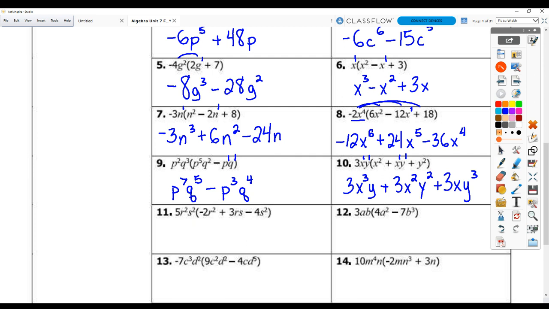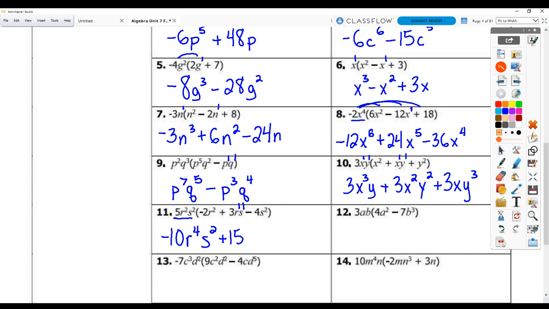All right, 5 times negative 2 is negative 10. R squared times r squared is r to the 4th. S squared has nobody to multiply to, so we just carry him over as s squared. 5 times 3 is 15. This r has an invisible 1 exponent. This s has an invisible 1 exponent.